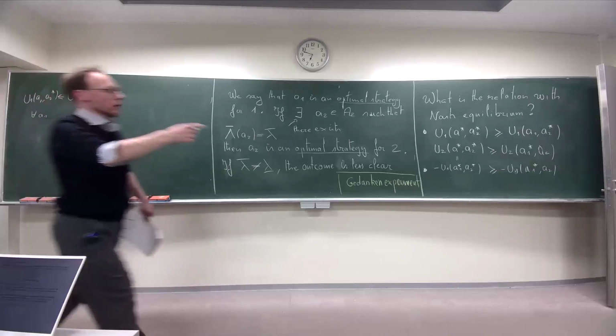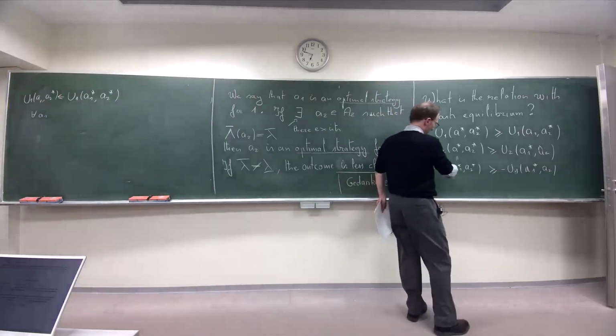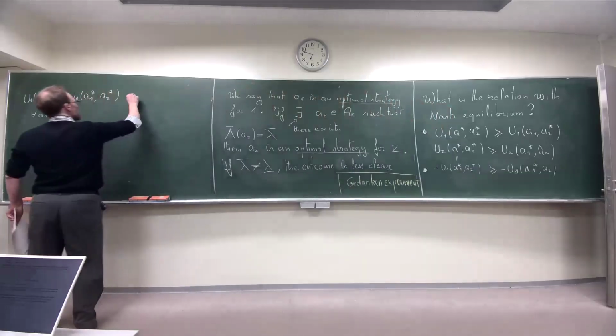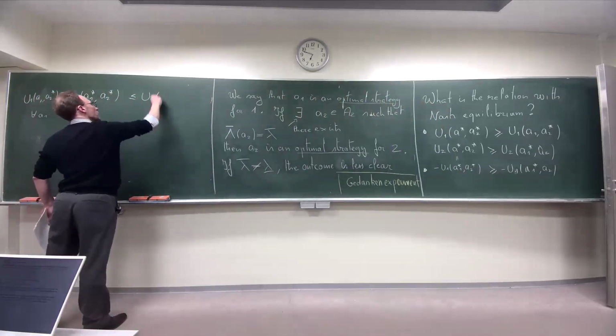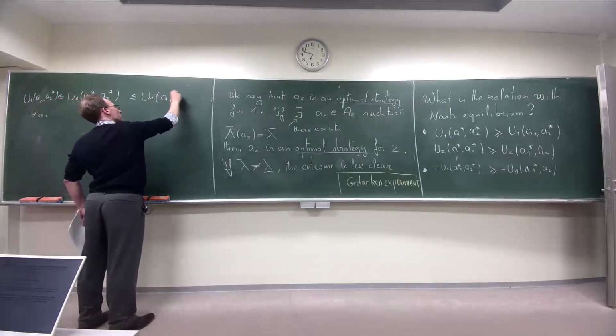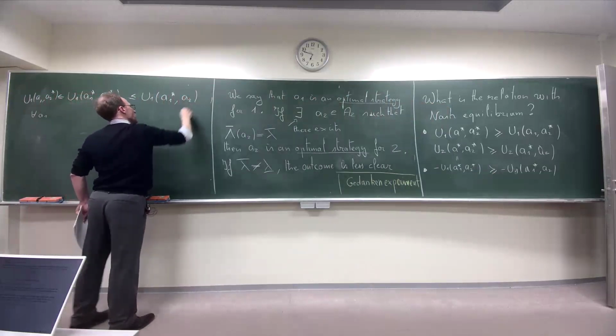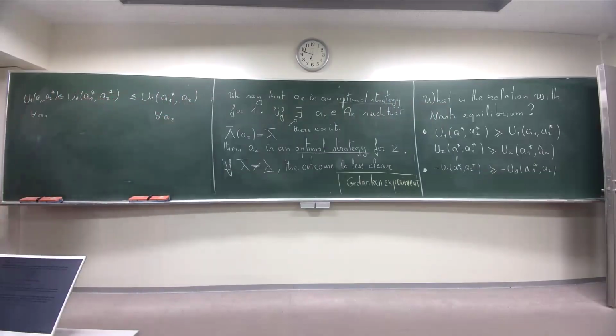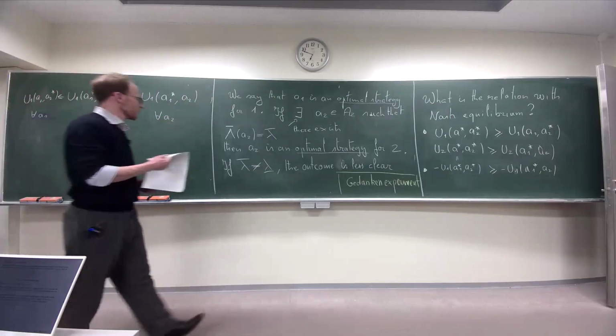And the other one, if I multiply by minus, we get that this is smaller or equal to U1 of A1 star, A2 for any A2, right? What does it remind you? Sorry? No, I don't take a limit.